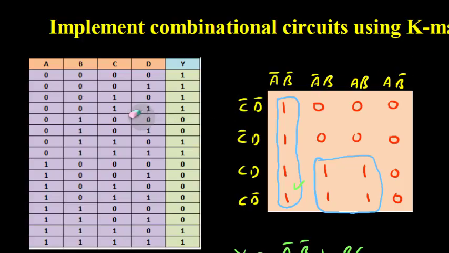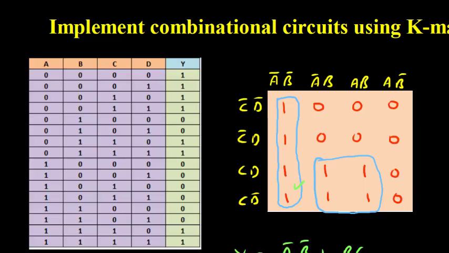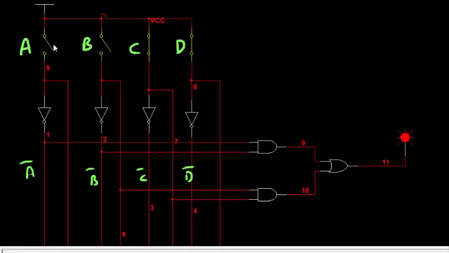Third input is 0 0 1 0, which is also 1. The next is 0 0 1 1, also 1. Now the next one is 0 1 0 0, and it should be 0. We get 0.